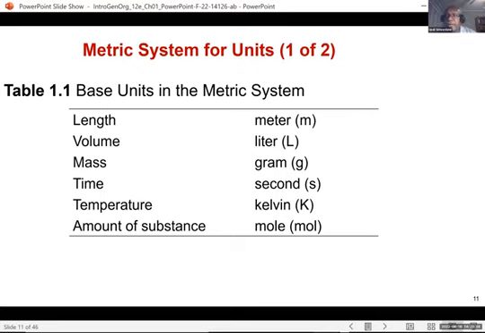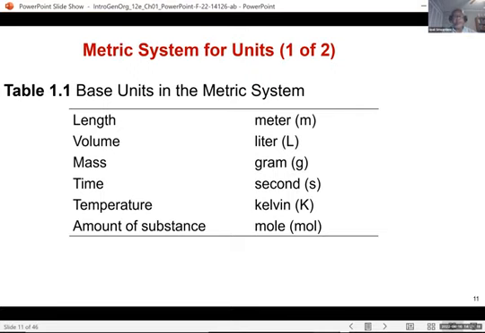Okay, there are 7. Length's unit is meters, indicated by a small m. Volume is liters in the metric system.